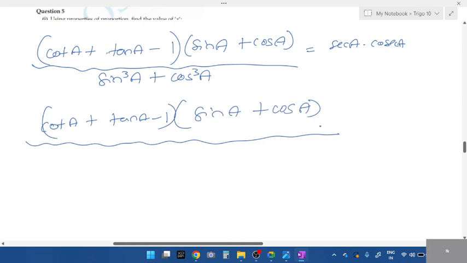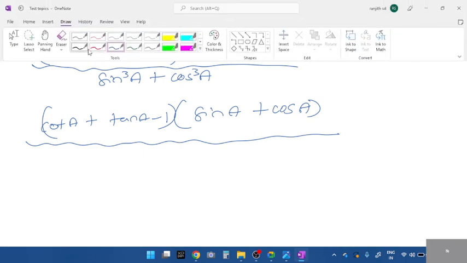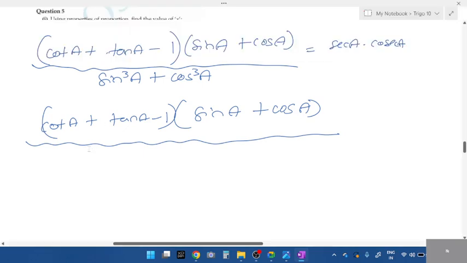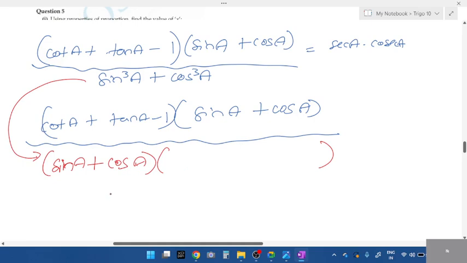Delicia, what is the A cube plus B cube formula? Okay, tell me how will you convert this in terms of whatever you told? What is A plus B? Sin A plus cos A. Next.